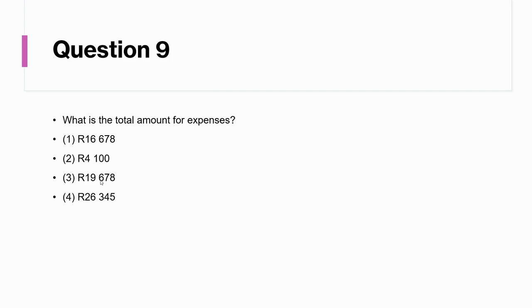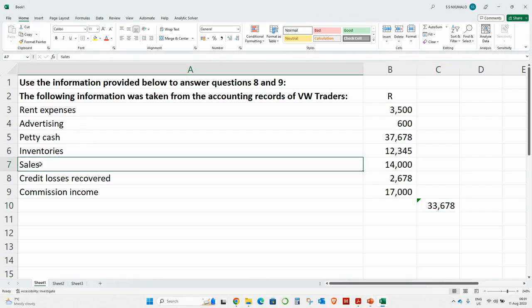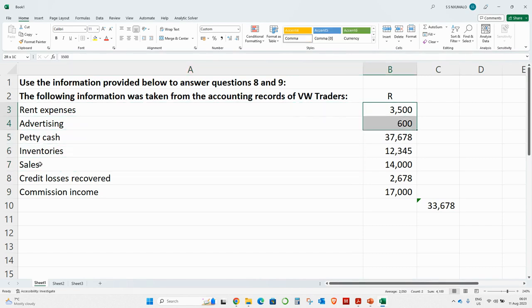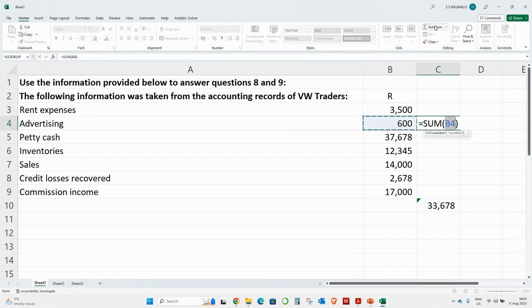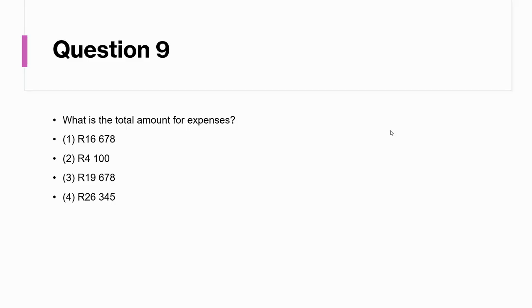Okay, let's move on to the next one. What is the total amount for expenses? Let's see. Expenses. Okay, these ones we've already said. The expenses are these top two. I'm just gonna sum them up again. 4.1. Let's see if we've got that option. Yeah, it's option 2.